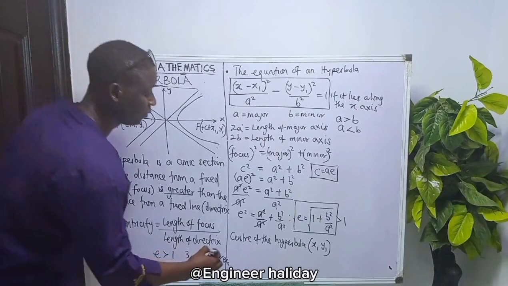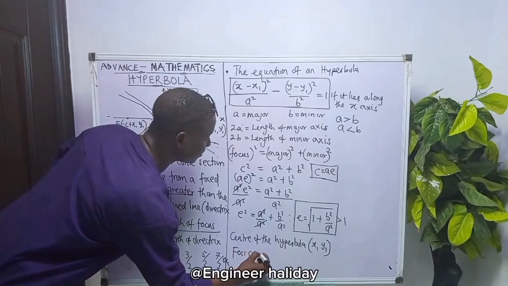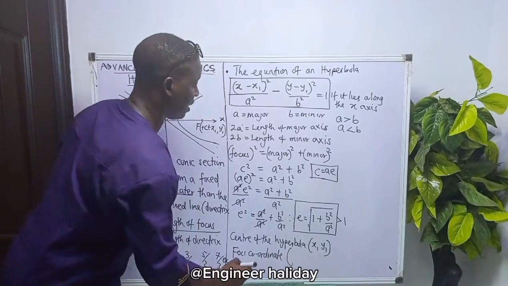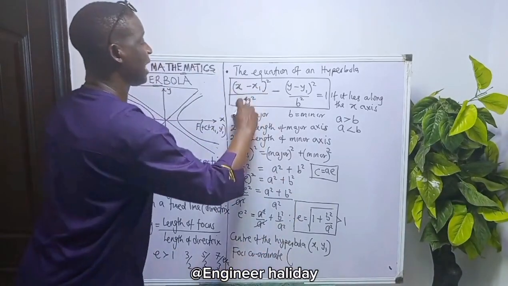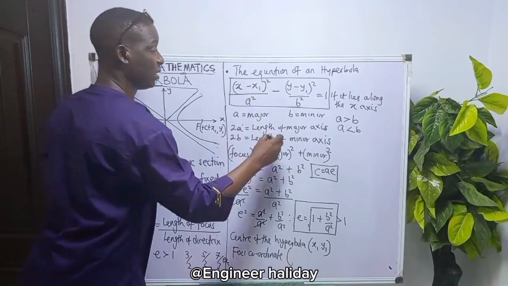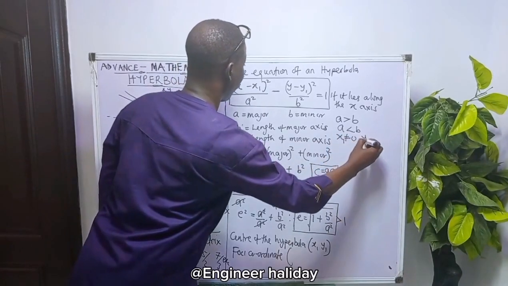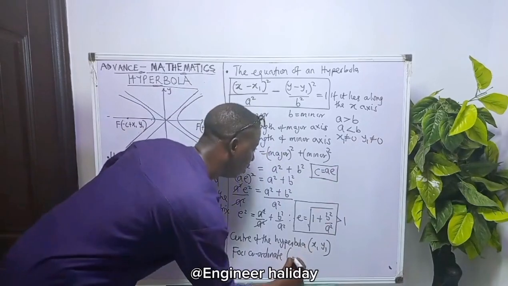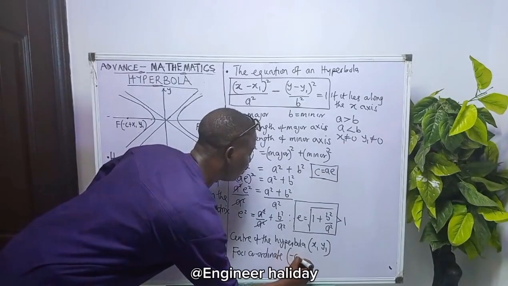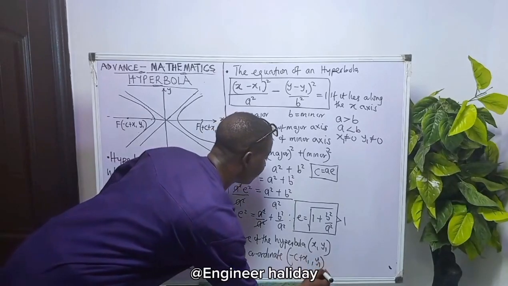Now the focal coordinate. In this case it will now become, because it lies along the x-axis and it's not 0, we assume x1 is not 0, y1 is not 0. Therefore we are going to have plus or minus c plus x1 comma y1.